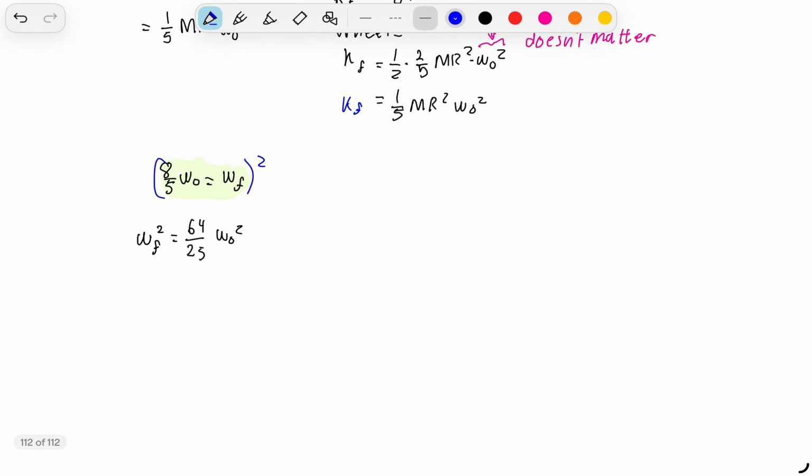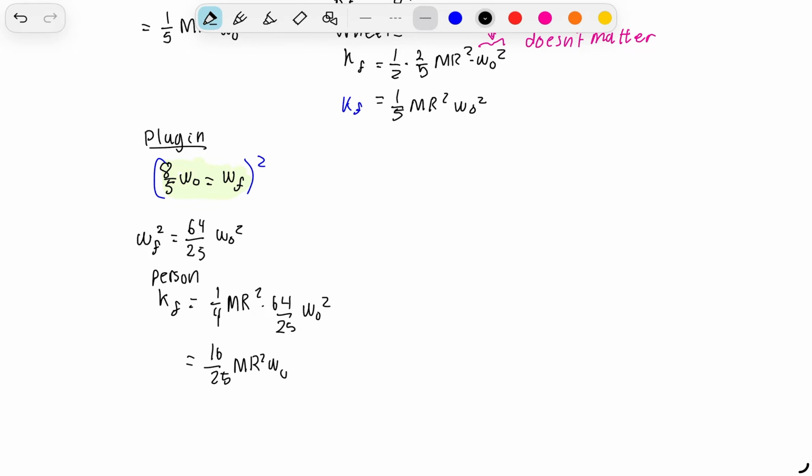And when you do that, you're going to have that the kinetic energy of the person is going to be 1/4 mr squared times 64/25 omega initial squared, which is the same thing as 16/25 mass radius squared omega initial squared.